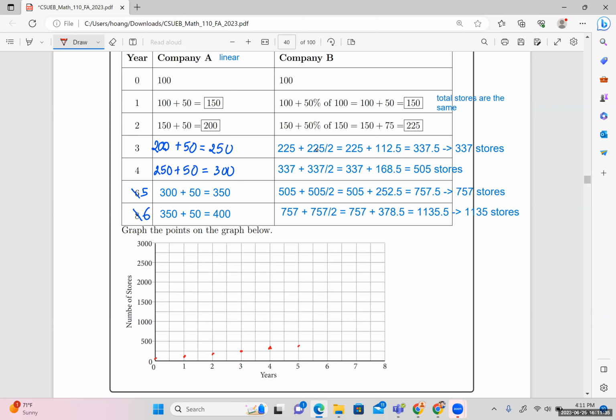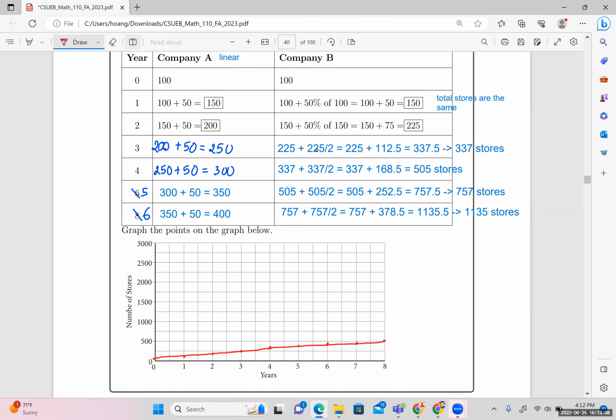And then 6 is gonna be 400. We can have 7 nearby at 450. So 8 gonna be 500. So yeah, we can just connect all this. Yeah. That is for company A.